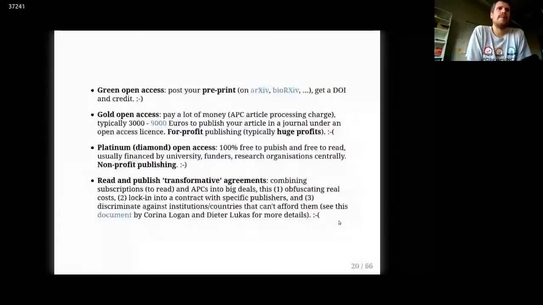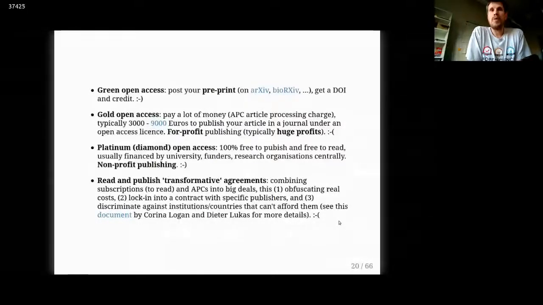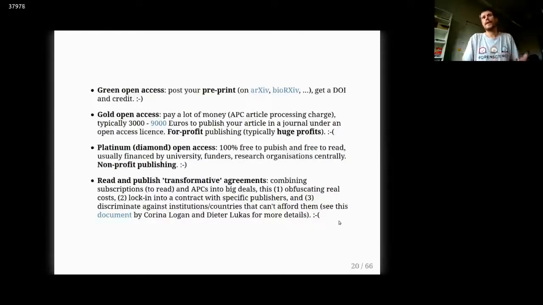Another approach called Platinum or Diamond Open Access is not-for-profit publishing, where publishing and reading is absolutely free. And these are generally funded by universities, funders, or other research organizations. And these are funded centrally. And of course, in this publication model, the goal is to keep costs as low as possible. Obviously, that's also a publishing model that I appreciate.